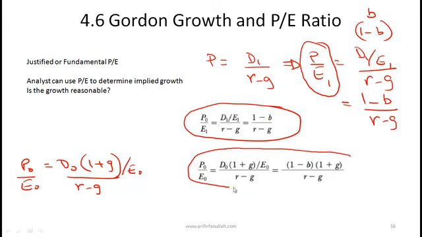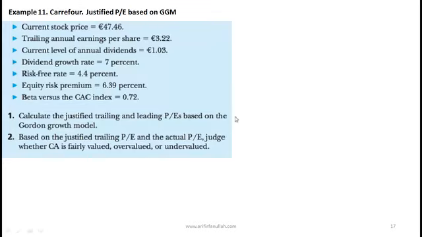Yeah, so at least for growing companies where G is positive, the trailing PE is going to be higher. People got confused about this at level 1, but I think at level 2 you should be past that. For the leading PE. Okay, so let's see if we can do this quickly.